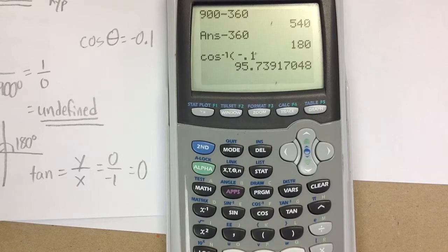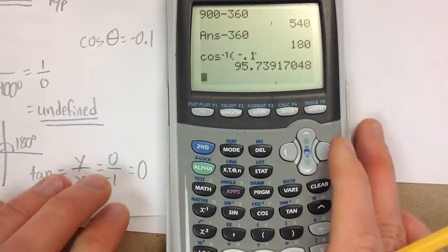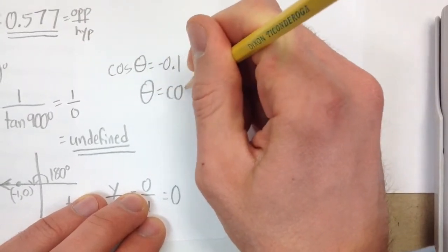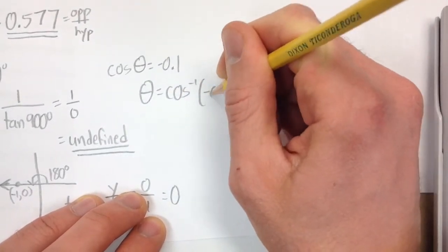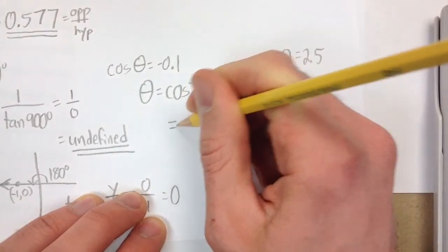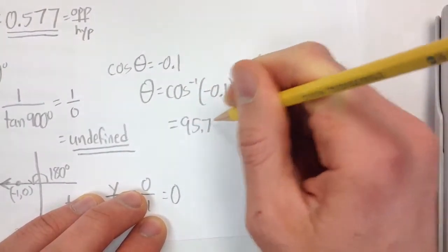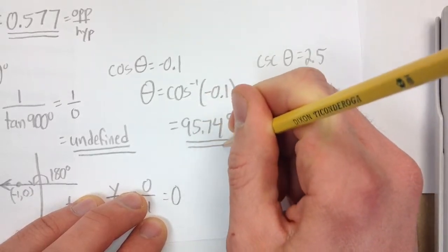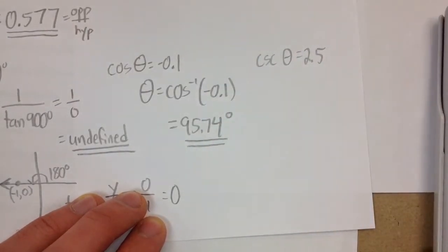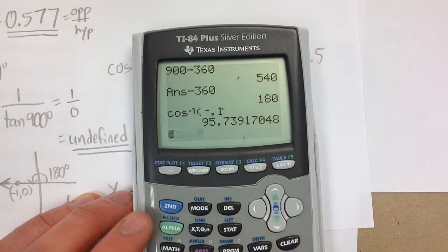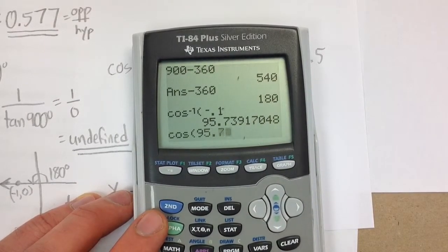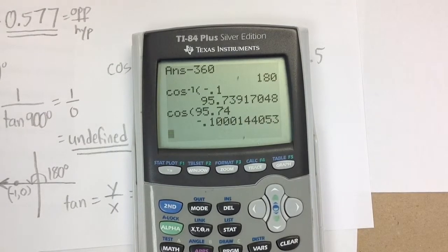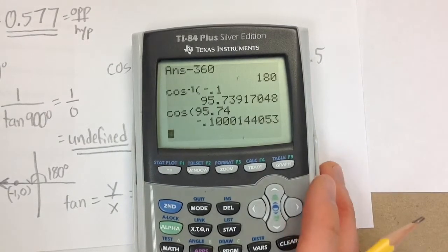That is a degree measure. And you could prove that by doing the cosine of 95.74. And you'll notice it's about -0.1. Okay, any questions on that one?